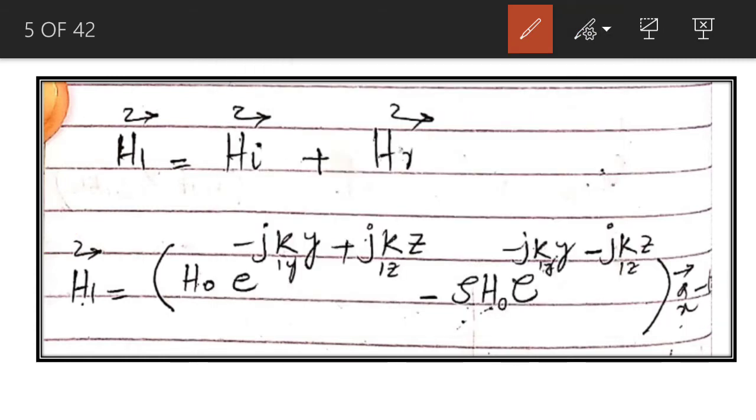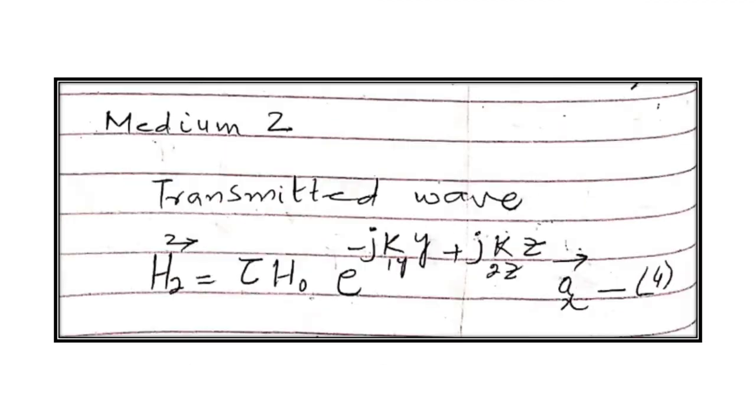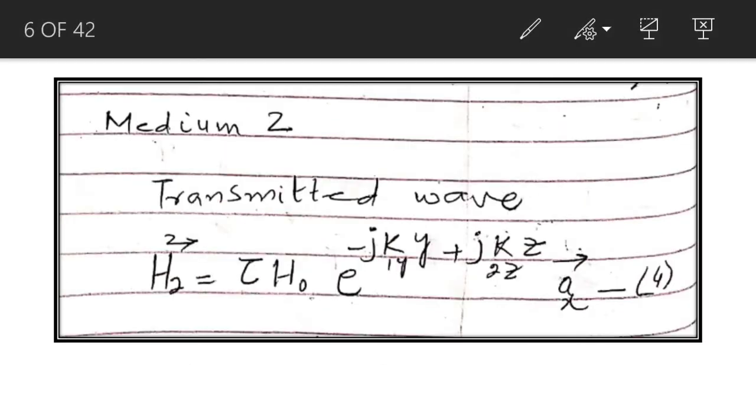Similarly, if we consider the equation for H2, H2 is in the direction of the unit vector AX as well, so H2 is tangential to the interface. So this wave travels from medium number 1 to medium number 2, and as H1 and H2 are tangential to the interface, according to the boundary condition, H1 will be equal to H2.